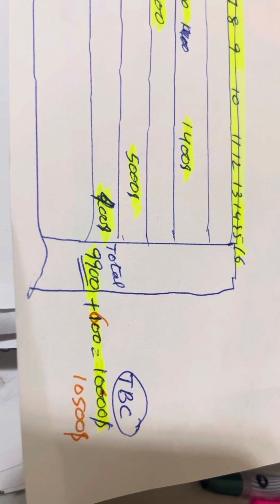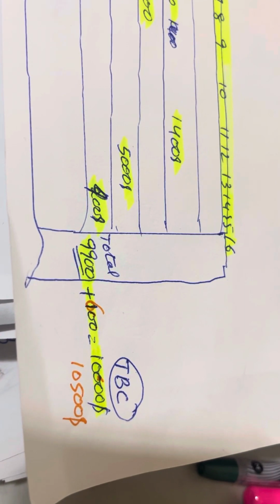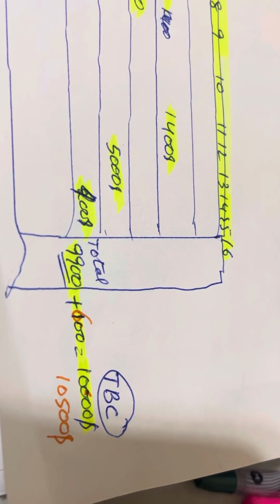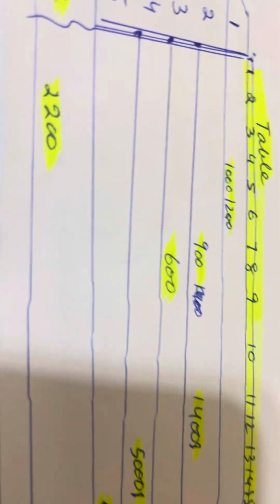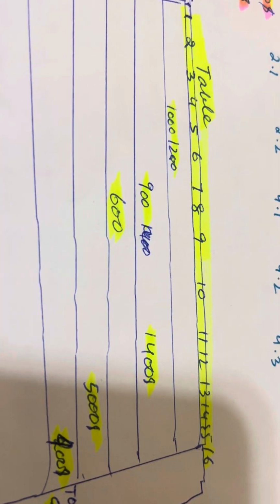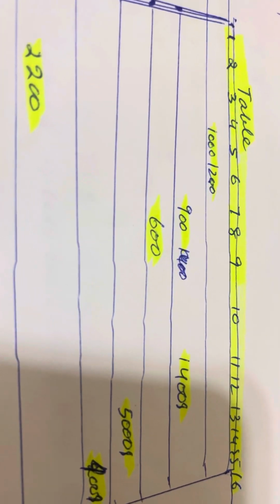So the total goes to 10,000, 9,900 plus 600, so $10,500 total budgeted cost. The cumulative is like when you calculate per each day, and then you start adding.